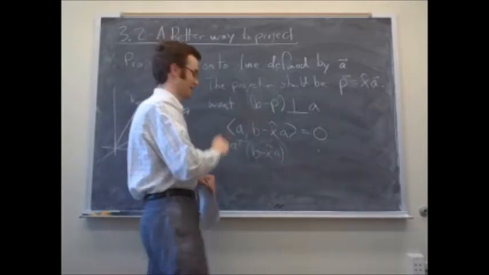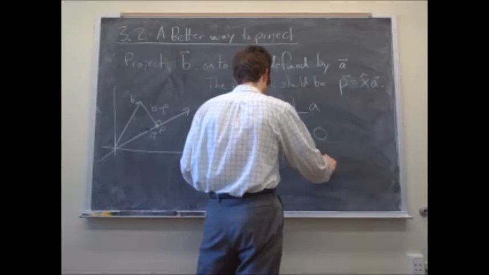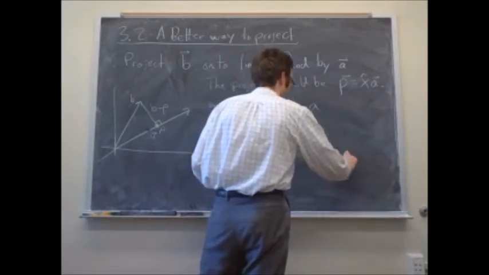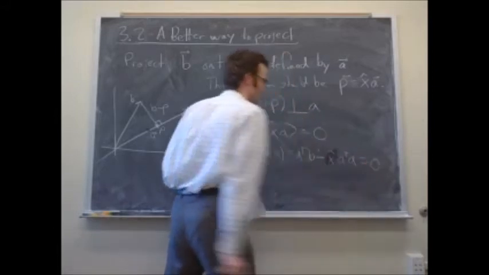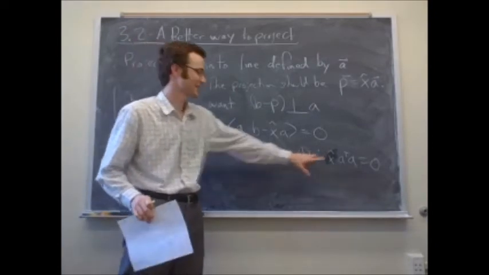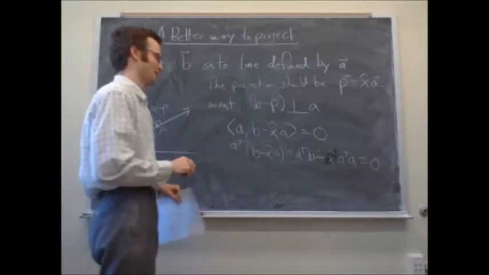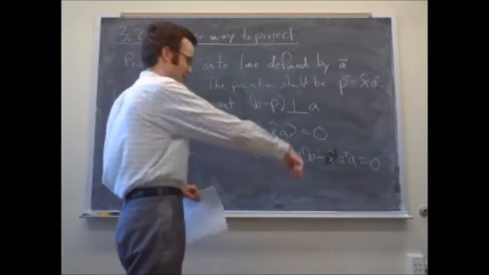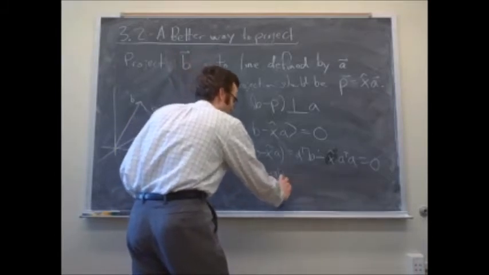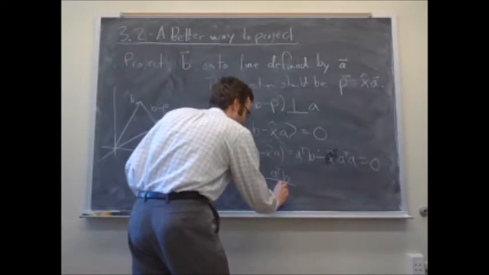We can distribute the A transpose. We get A transpose B minus x hat A transpose A equals 0. The reason we can distribute the A transpose past the x is because x is just a constant. It's just a number, so it doesn't really matter. And then we can solve that. So we get x hat is equal to A transpose B over A transpose A.